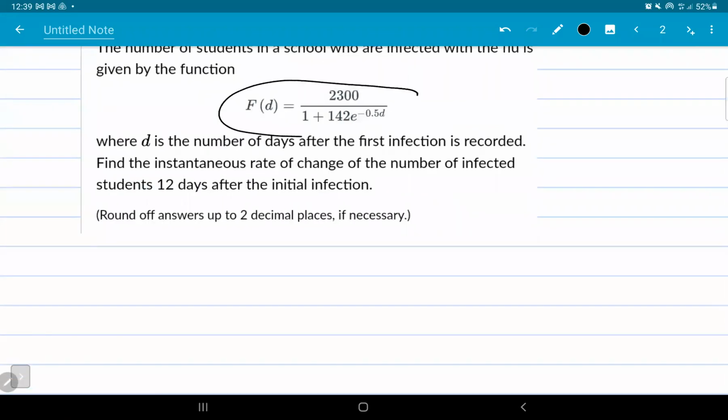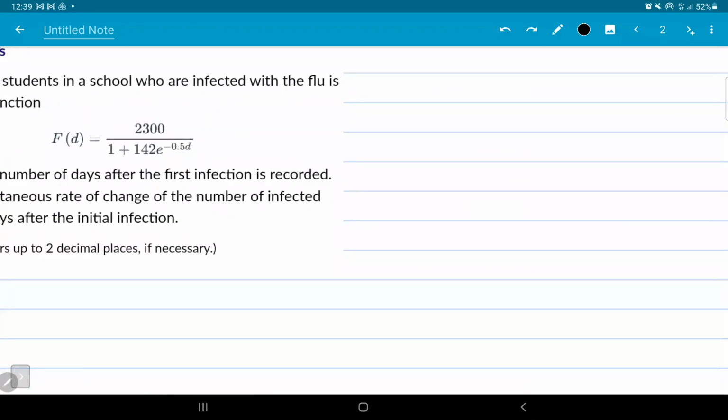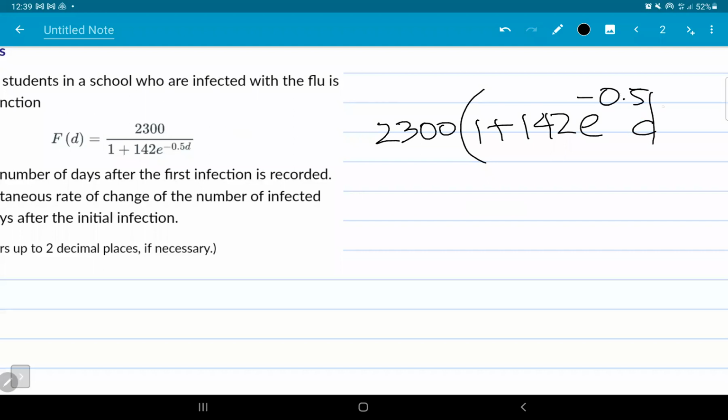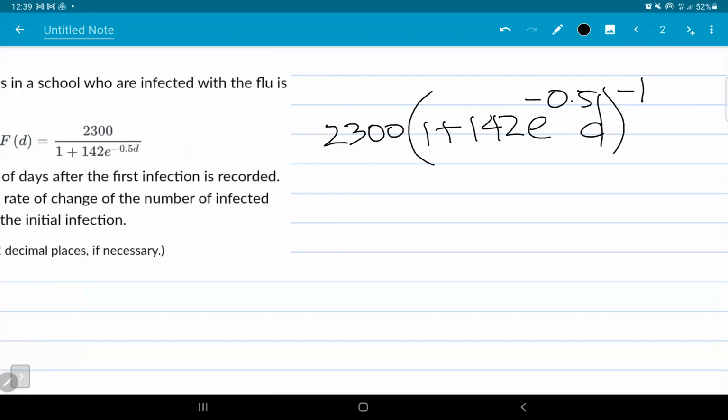So ito si f of d, no? And to differentiate, one thing you can do is to write it in exponential form so that you don't have to use the quotient rule. So magpa-power rule na lang ako. Kasi constant lang naman yung numerator.